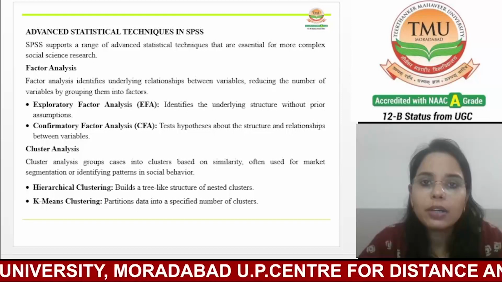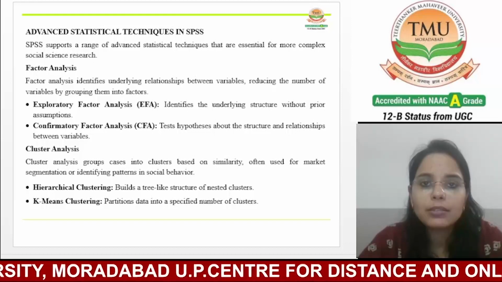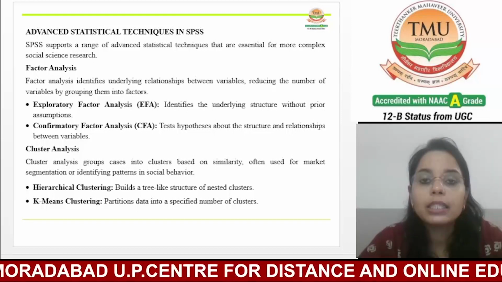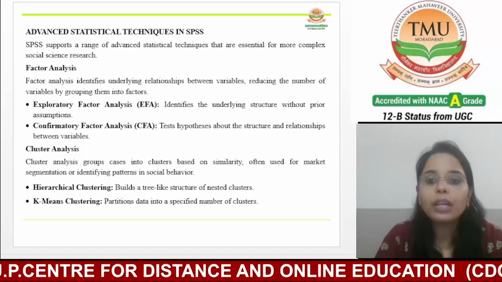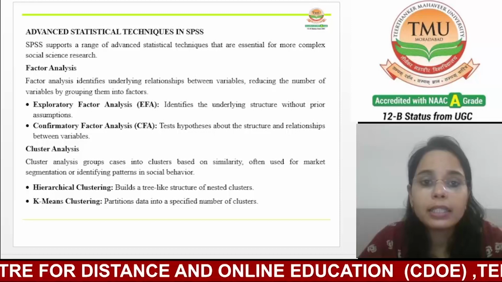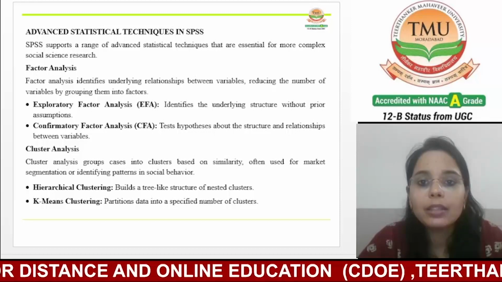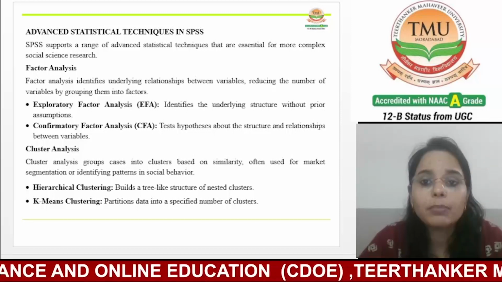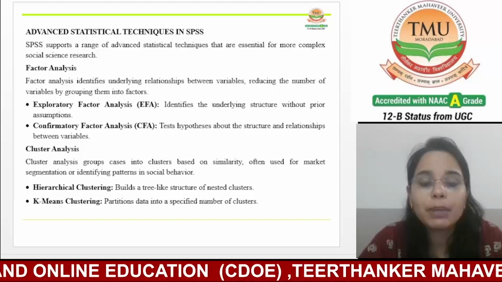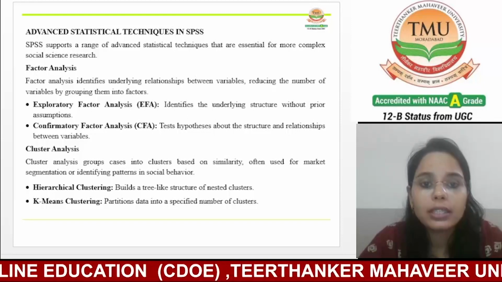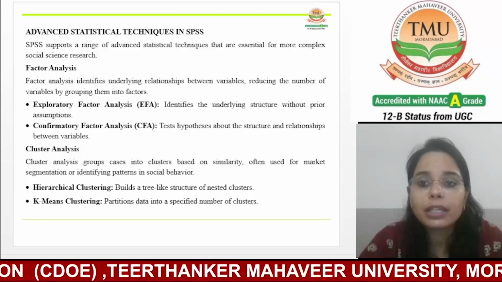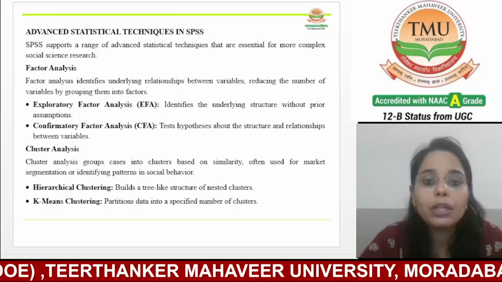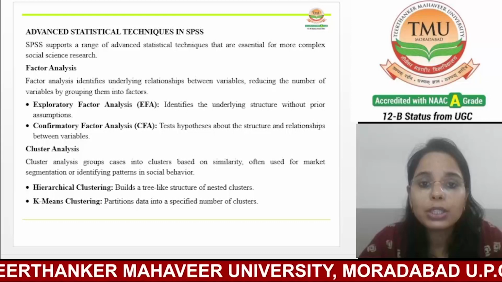In SPSS, EFA is conducted using the factor function, where researchers can choose various extraction methods like principal component analysis and principal axis factoring, and rotation methods to simplify the factor structure and make it more interpretable.